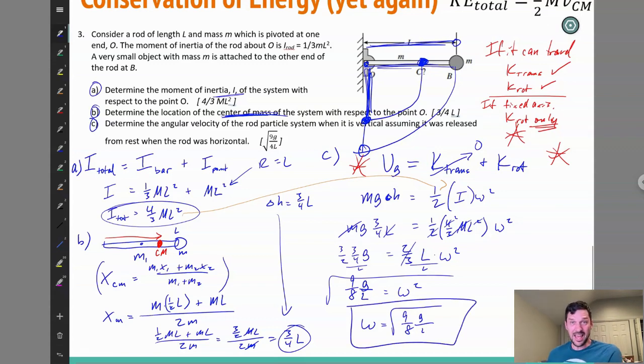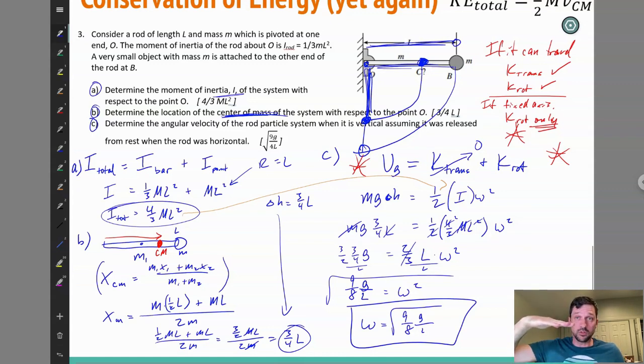It's not obvious at all. You have to do the algebra. There's no way you're going to intuit that. But it's totally doable as long as, in this case and in many cases, we recognize a few things. One, we got a hybrid object, multiple things attached to each other, so we need to find out its hybrid moment of inertia. Also, we need to find out where its center of mass is, because that's how we define how far it falls.